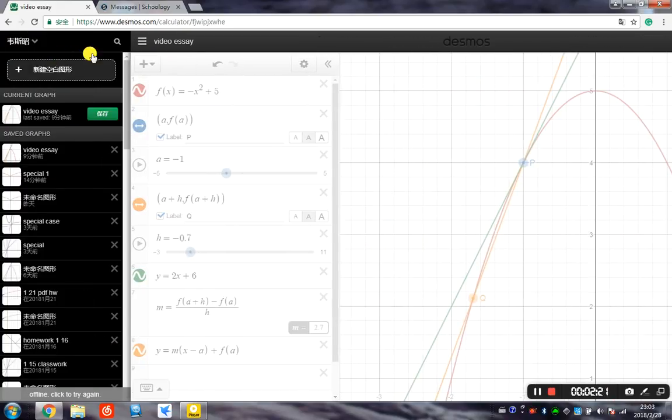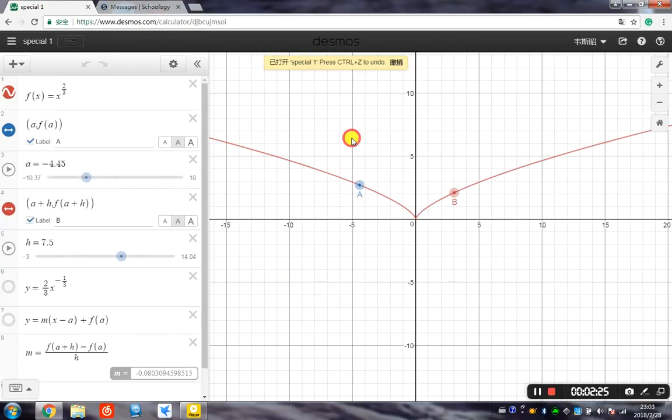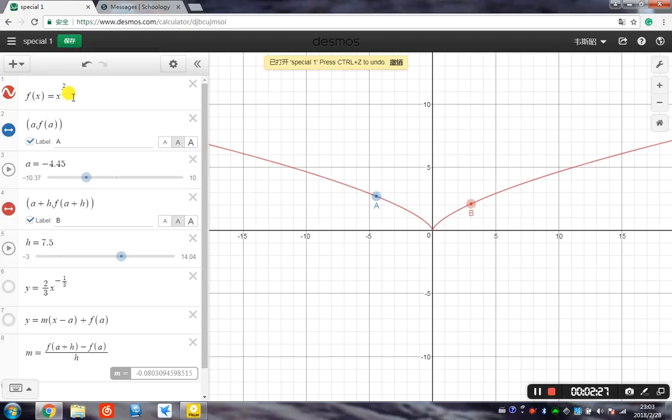But sometimes we get a special case, which looks like this. This function here is f(x) = x^(2/3), and we still have two points, point A and point B, from the formula. Here A is (a, f(a)) and B is (a + h, f(a + h)), nothing special.